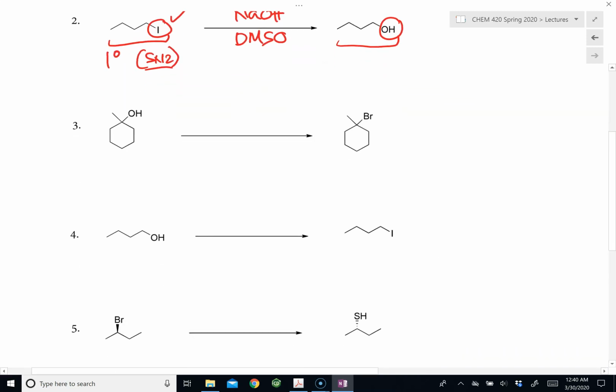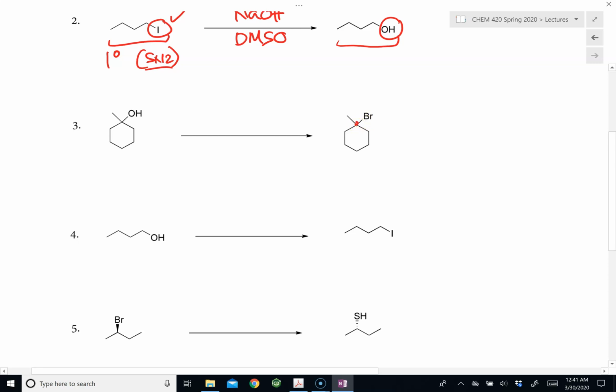And now the next example. In this case right here, we want to convert this alcohol into an alkyl halide. So how do we perform this transformation? First, let's analyze the structure of the substrate and the stereochemical outcome. In this case, there's no stereochemical outcome that is required, because this is not a chiral center.